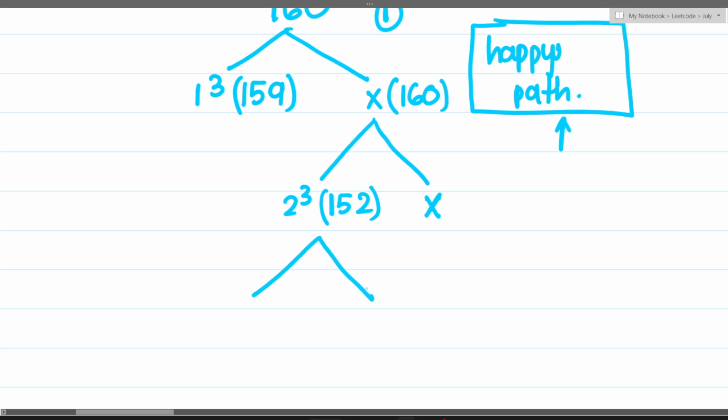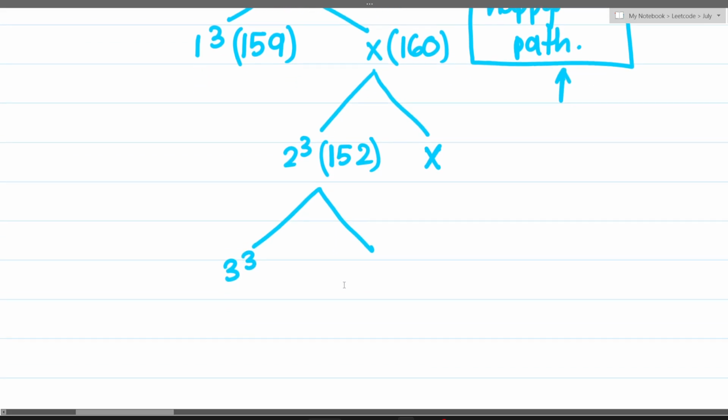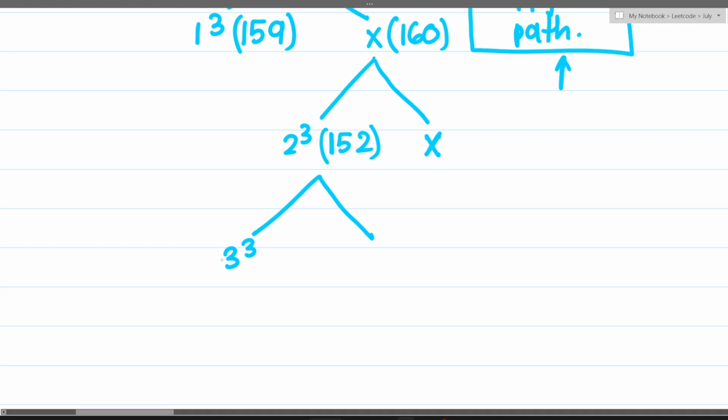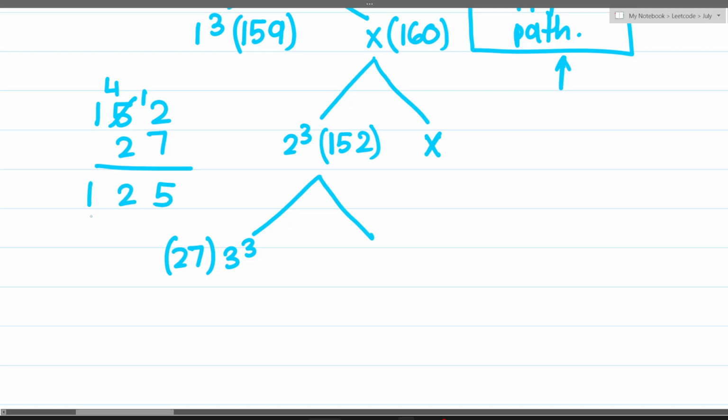All right. Now it comes to 3 to the power 3, whether or not you want to take it. 3 to the power 3 is 27. If I subtract 27 from 152, what do I get? Let's see. 152 minus 27 is 125, obviously.